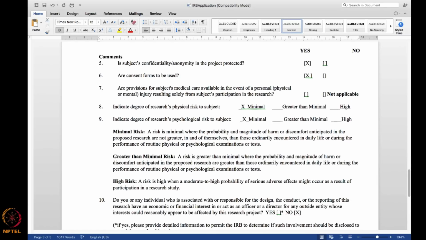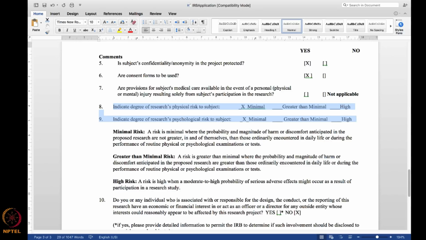Here, if you remember, I mentioned the kind of risk associated with a study, where it says indicate degree of research physical risk to subject, indicate degree of research psychological risk to subject. This is one critical piece of information that you want to keep in mind while doing these kinds of human subject studies.